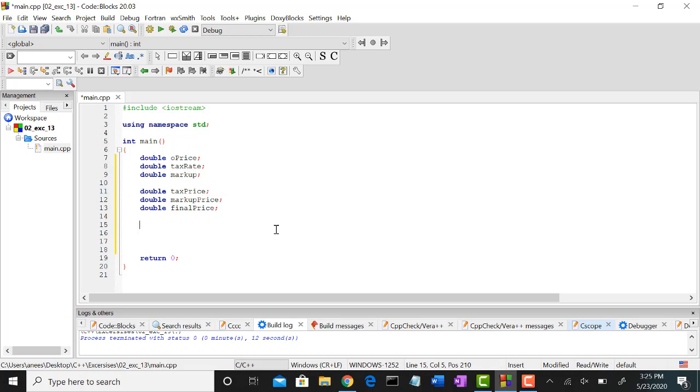Now here we are going to have our input statement. This is what's going to pop up for the user first.